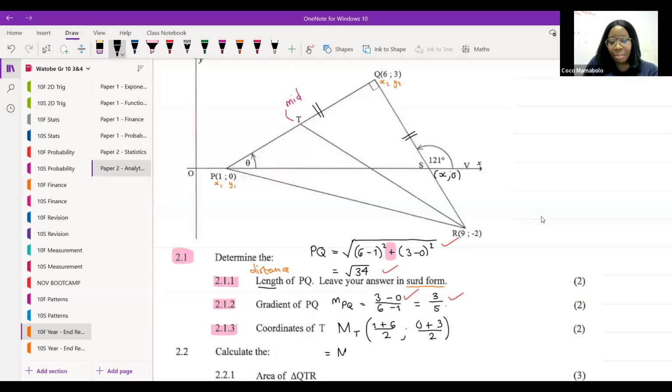That means the midpoint at T is 7/2 and 3/2. One mark for substitution, one mark for the final coordinates.